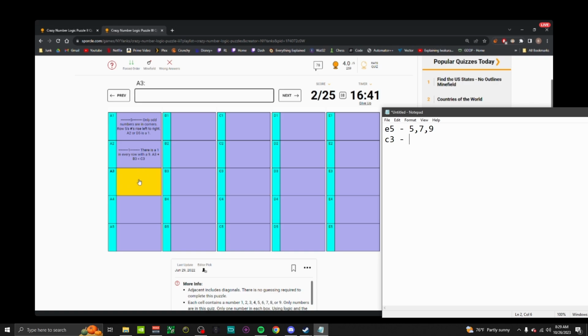It would have to be at least 2, which means this would have to be at least 4. Oh, it also couldn't be 4, it would have to be at least 5. Why couldn't it be 4? Because A3 has to be 2, because 1's already here, and 2 couldn't be in the same column as another 2. Oh, it could be 2 plus 1, to be fair. So yeah, it could be 3.